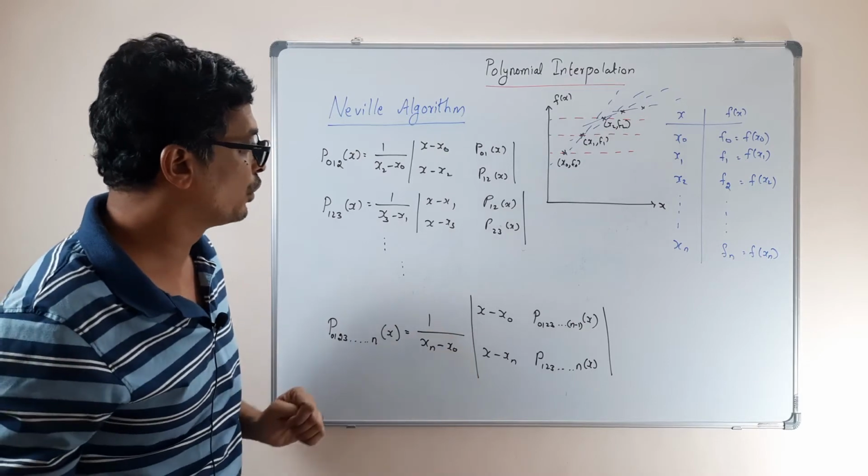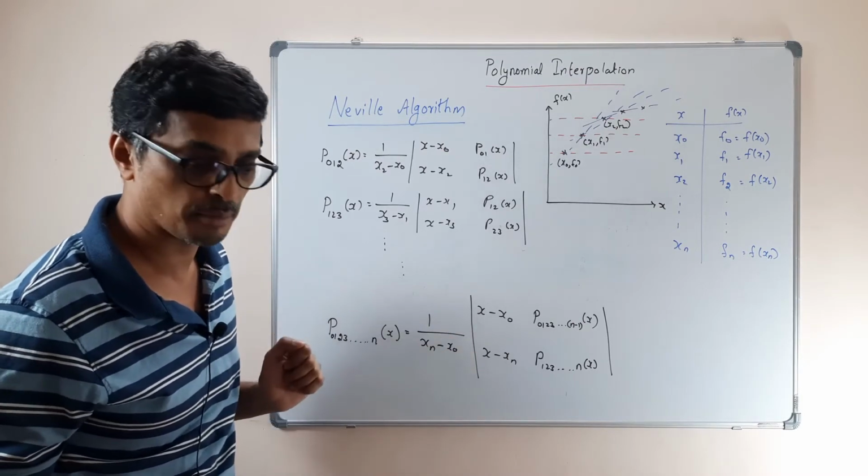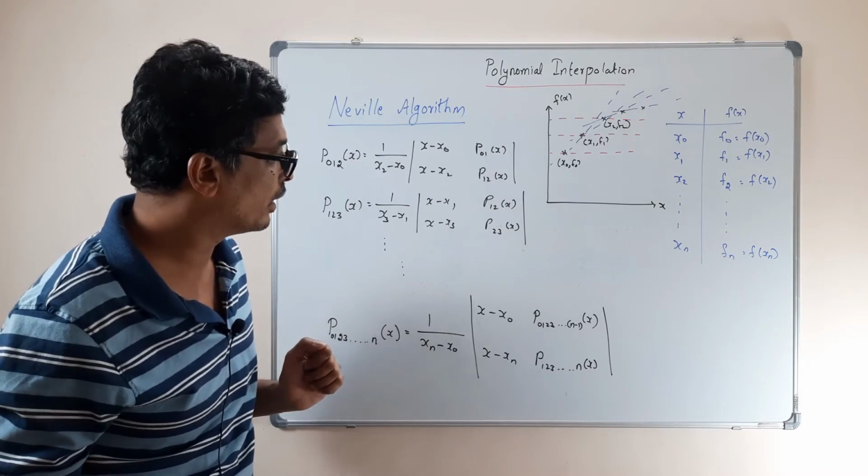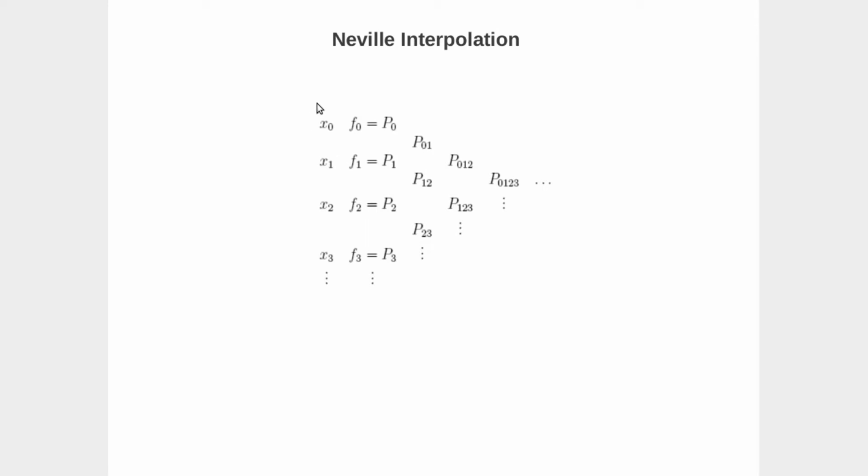So let us have an example of how this algorithm can be worked out. What we did in Neville's algorithm is, we have a set of points x0, f0, x1, f1, x2, f2 up to xn. First we constructed a polynomial of degree 0 passing through one point.